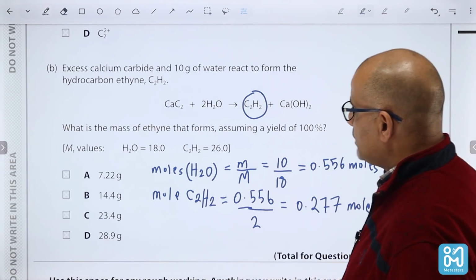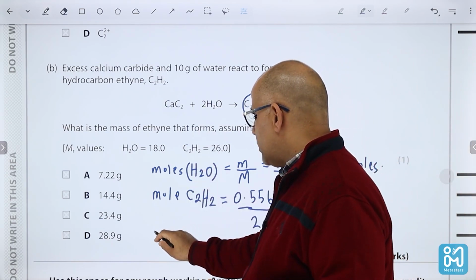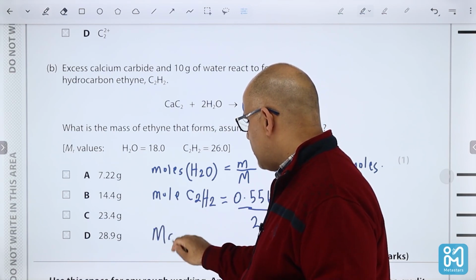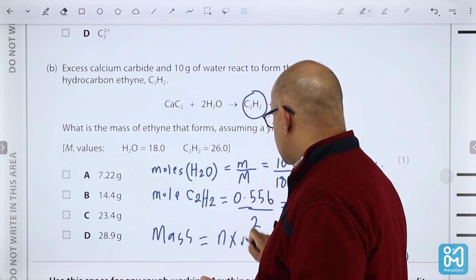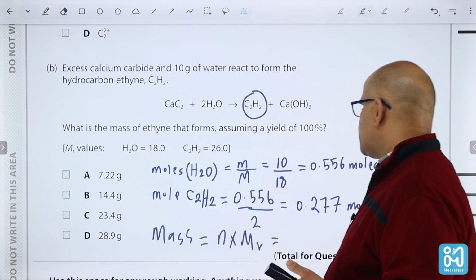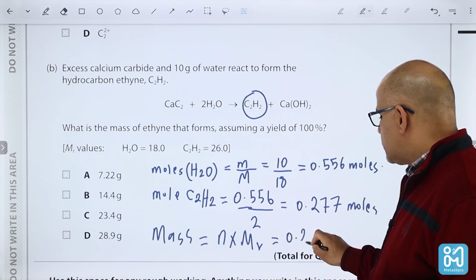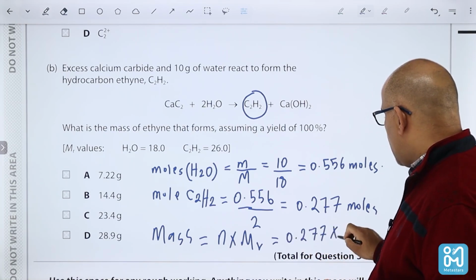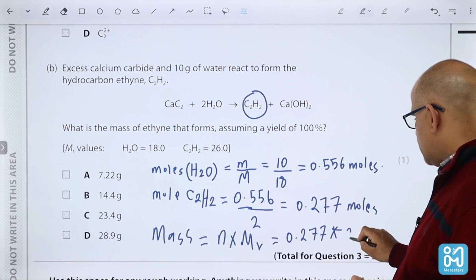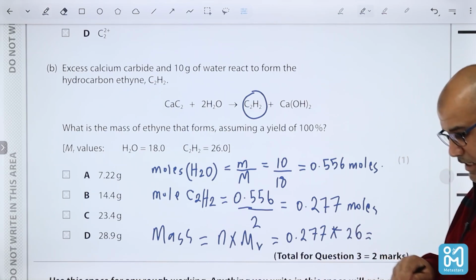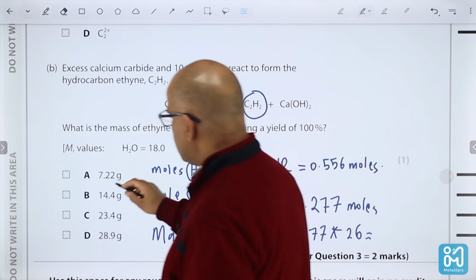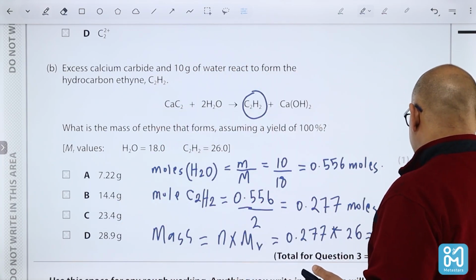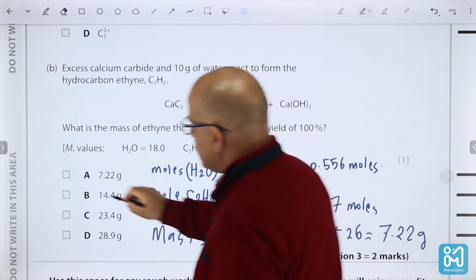After that, you multiply the number of moles by the molar mass of ethine: 0.277 times 26. So you will find 7.22 grams. So that's the answer, which is A.